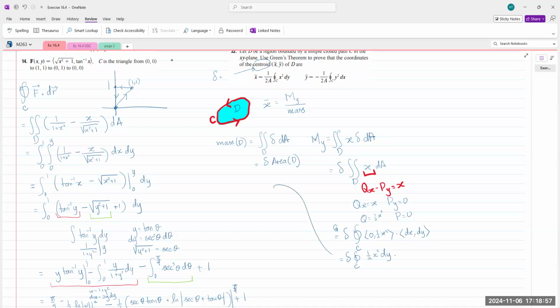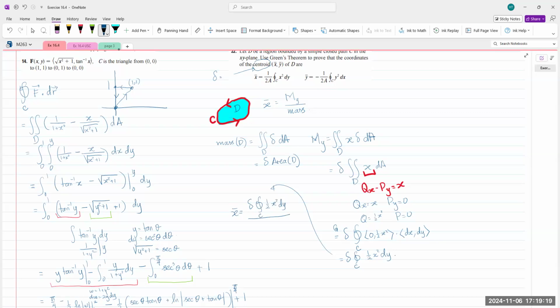Therefore, if I continue here, x bar equals density times the integral over closed curve C of 1/2 x squared dy over density times the area of D. Okay, notice that the density cancels.